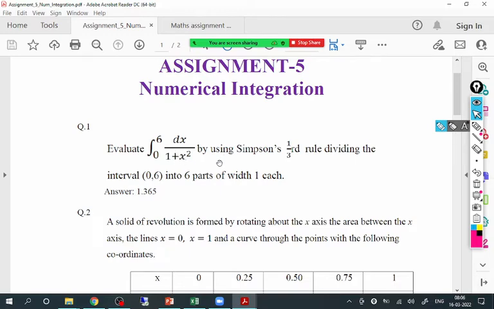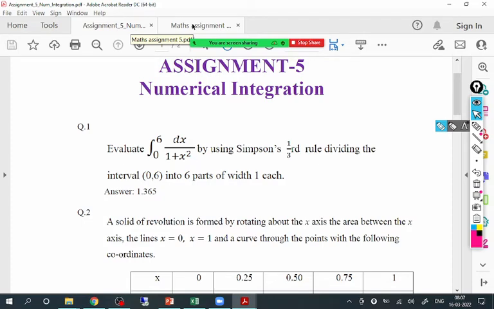So we have to calculate the values of yi with the help of this function. But before that, we should see what is the value of x0, x1, x2 and so on. Obviously we have to divide 0 to 6 into 6 parts. So how many xi values will be available? Started with x0 up to x6, there are 7.